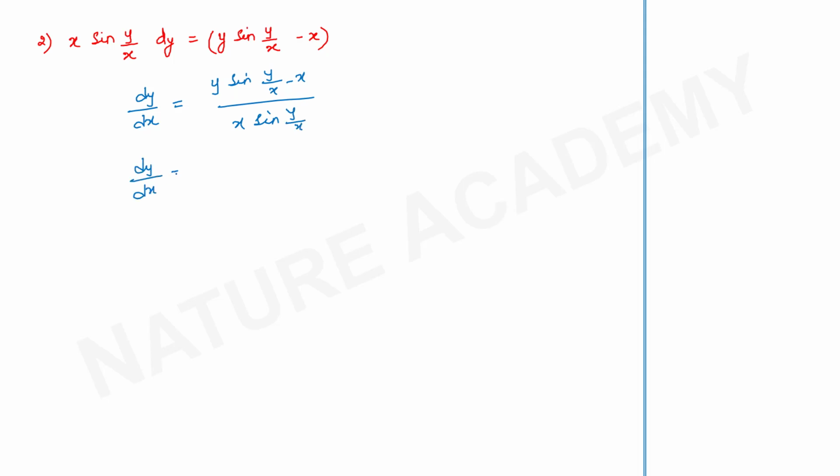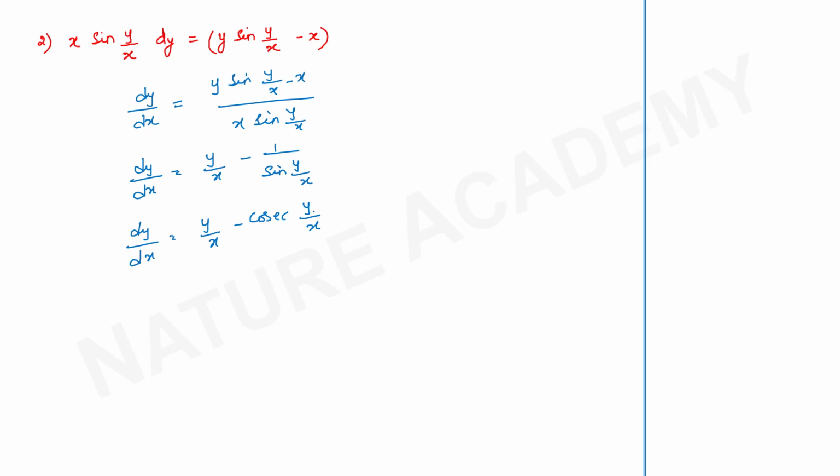So you will have dy by dx is equal to y by x minus 1 by sine y by x, because in the first term sine y by x will be cancelled. You can also write it as dy by dx is equal to y by x minus 1 by sine, that is cosecant, so cosecant y by x.